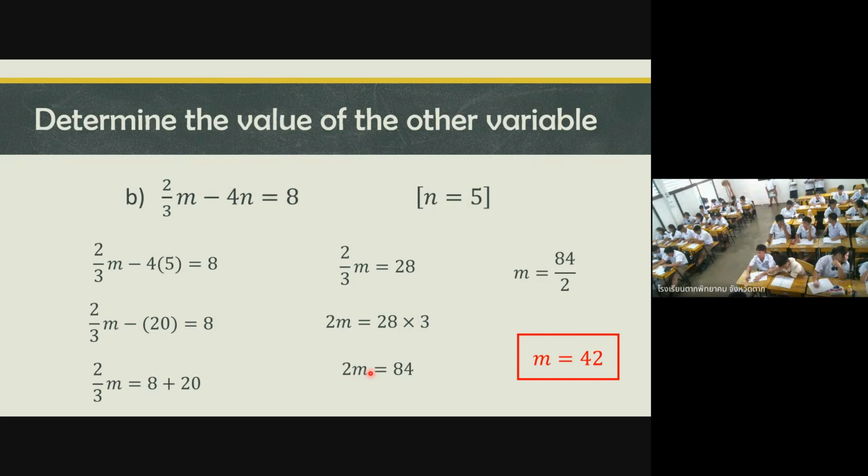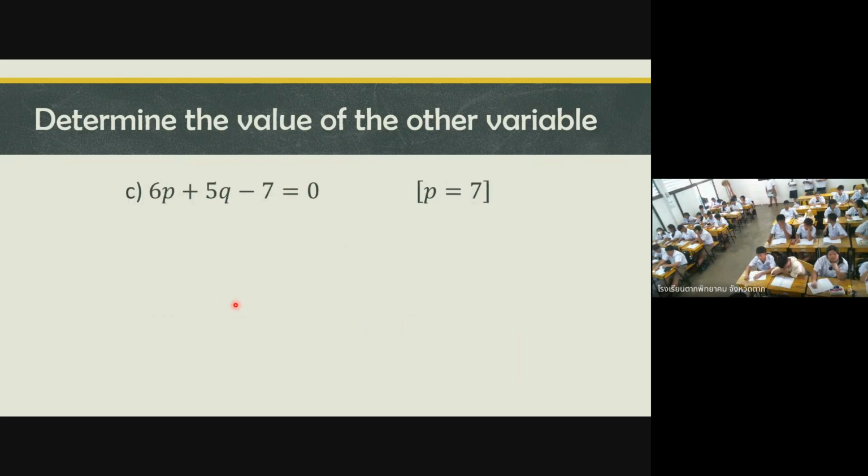Next, C. We're going to have 6p plus 5q minus 7 is equal to 0. We're going to solve for the value of q when p is equal to 7. And so we're going to substitute the 7 to our p. So we're going to have 6 times 7 plus 5q minus 7 equals 0. And what is 6 times 7? That is 42, right?